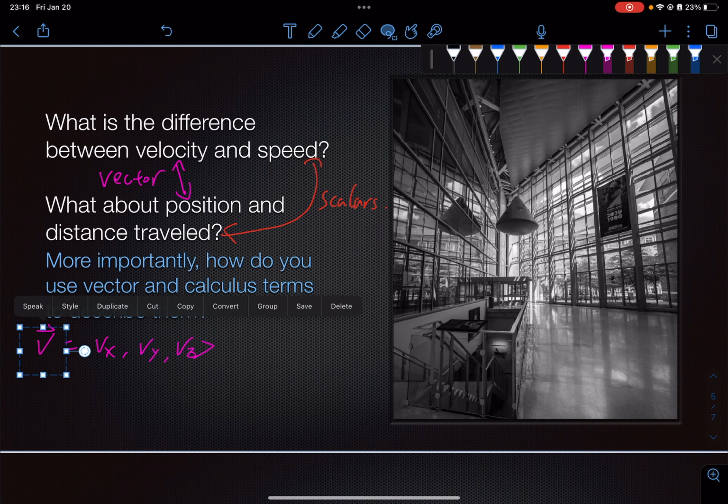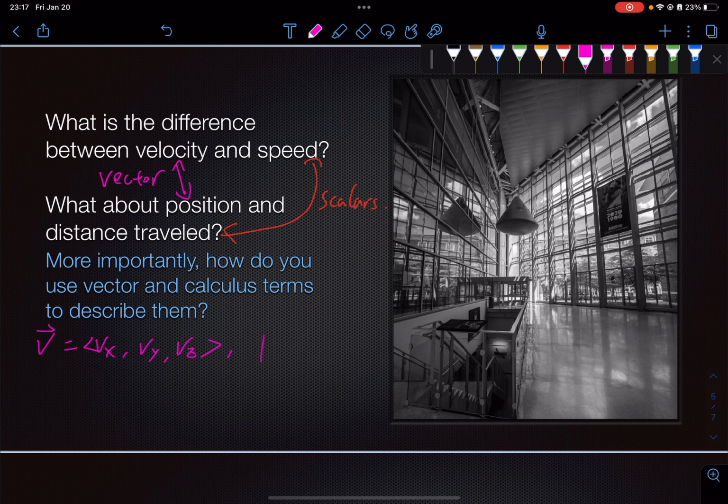And then the speed is just the magnitude of the velocity vector. So speed, we are going to describe as the magnitude of the vector, that just equals the square root of vx squared plus vy squared plus vz squared.